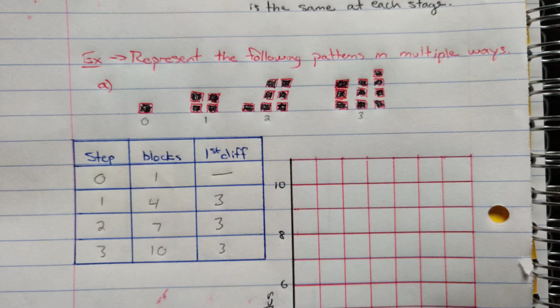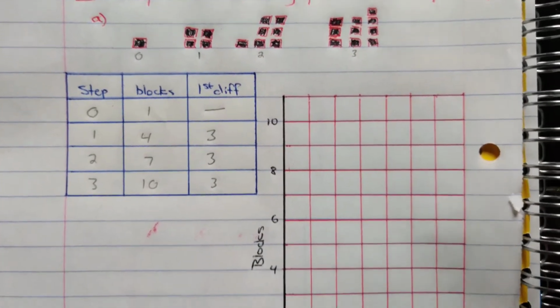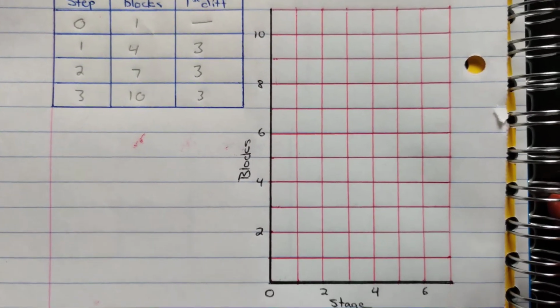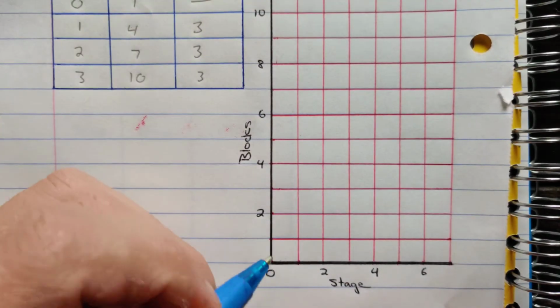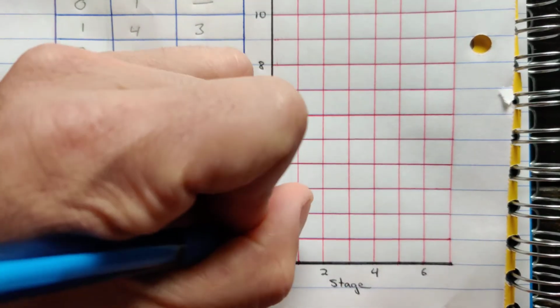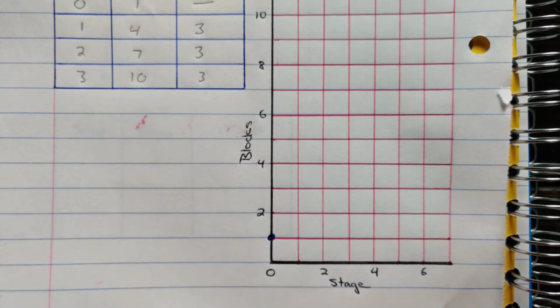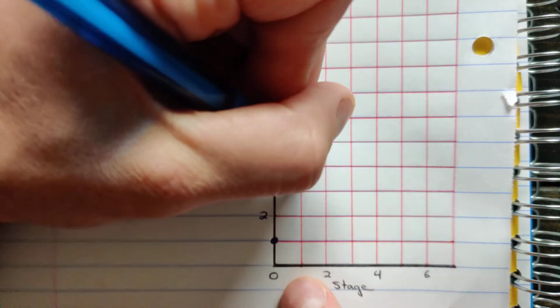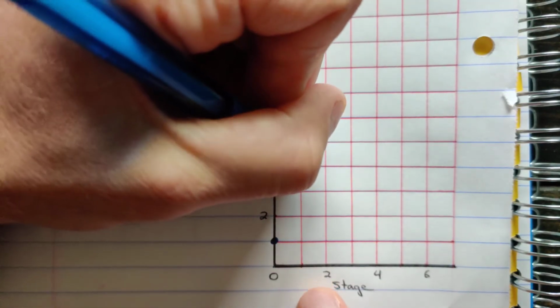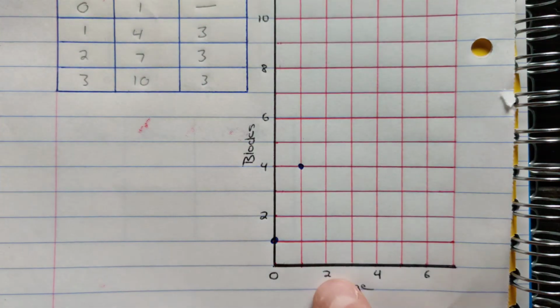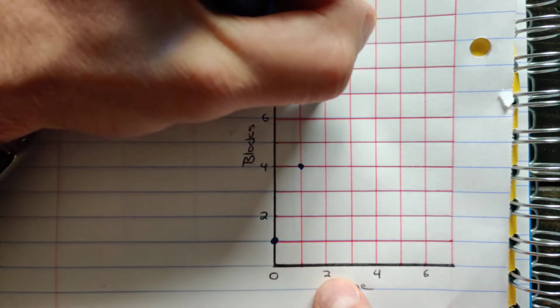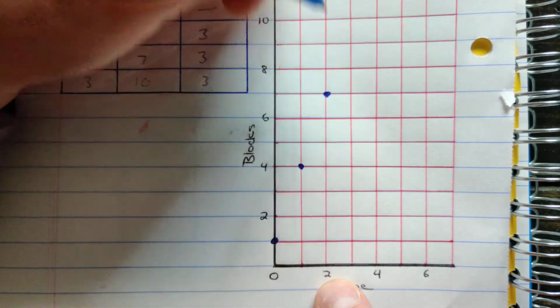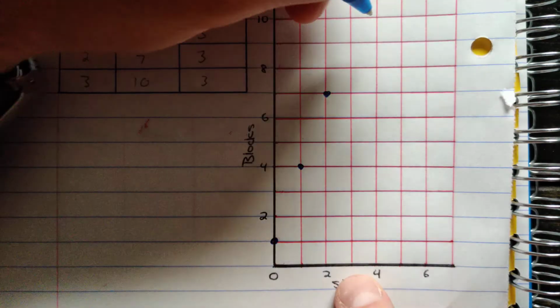Now we want to graph this. That would be another method of representing this linear pattern. So we can represent linear patterns with tables of values, and we can represent them using a graph. If we graph these points, we have step 0 and 1 block, step 1 and 4 blocks, step 2 and 7 blocks, and step 3 and 10 blocks.